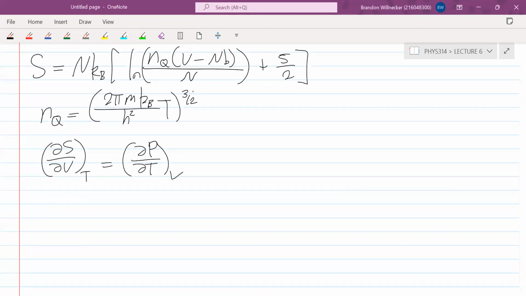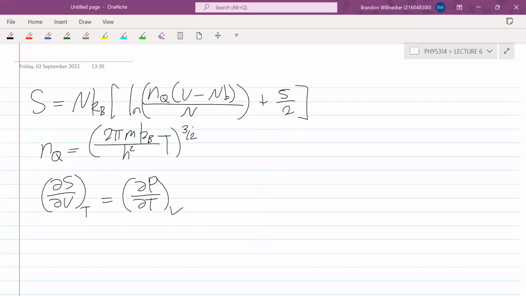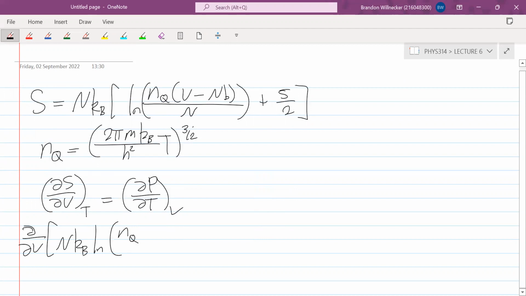On the left-hand side, we take the derivative with respect to volume. So this is going to be d by dV of the entropy. That's NkB, natural log of nQ (V minus Nb) over N plus 5/2, with brackets there.